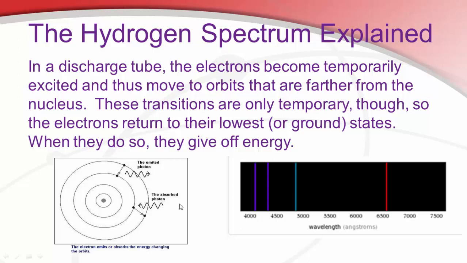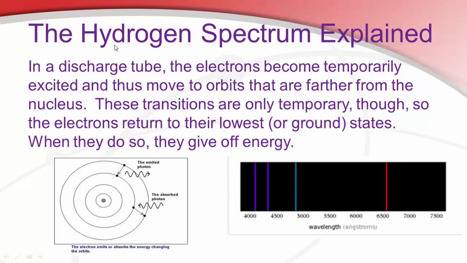Because what would happen is our hot gas would every once in a while have an electron move from a high energy to a low energy level and give off light. So in our discharge tube, we're putting in lots of energy, which the atoms absorb, but then they drop down to lower energy levels and they give off energy, and only in the specific frequencies.